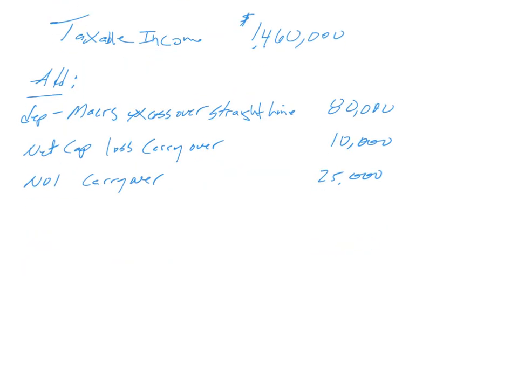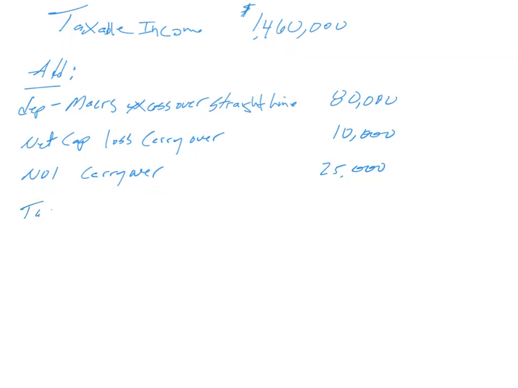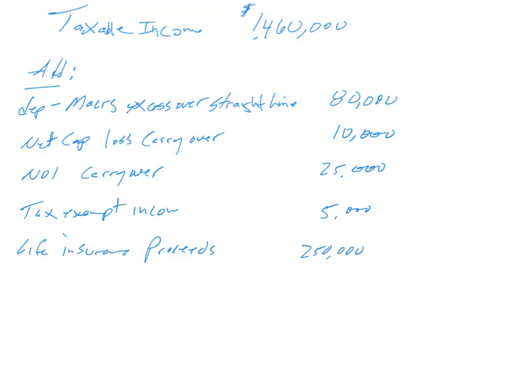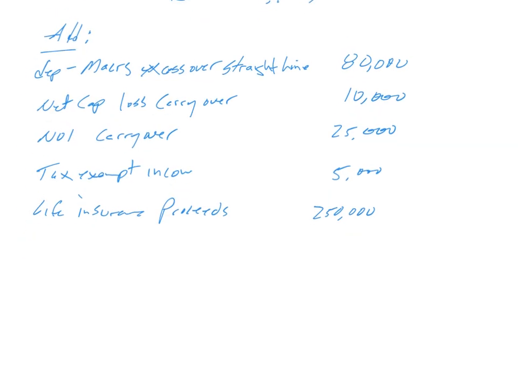And then we had some tax exempt income. That was $5,000. And we had life insurance proceeds. And that was $250,000, not $25,000. And that takes care of all of our adds, I believe. Yes, it does.